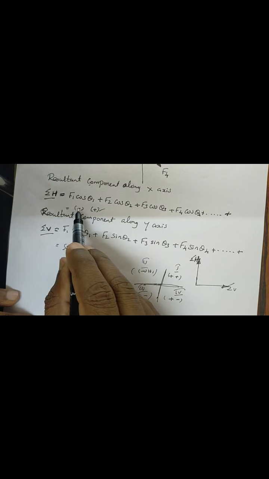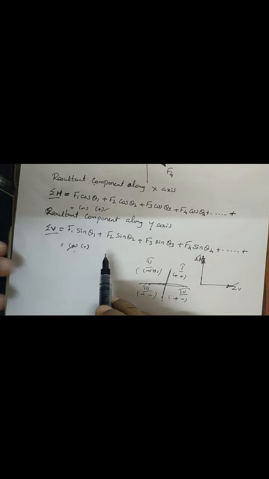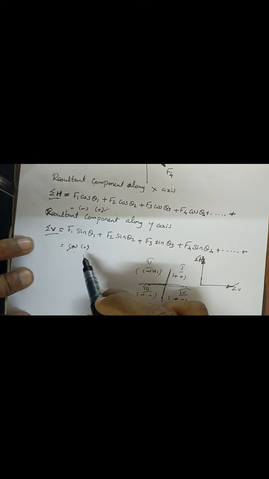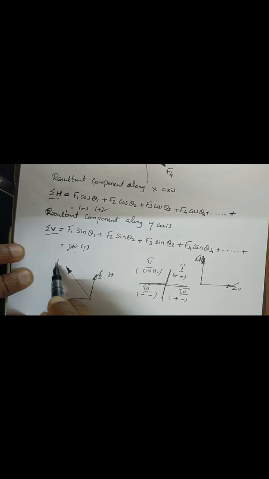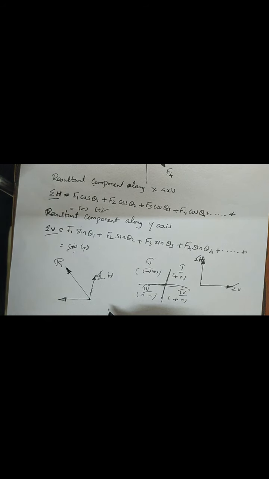For example, if we get a positive result in the summation of horizontal and a negative result in the summation of vertical, the summation of horizontal force acts like this, and the summation of vertical force acts like this. So automatically we know this resultant force lies in the second quadrant.